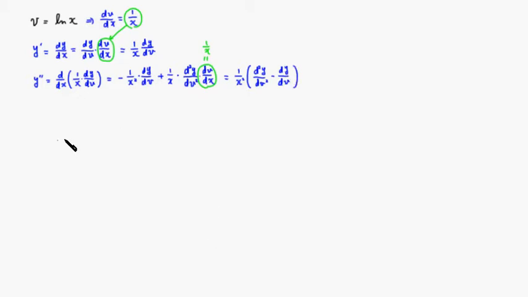All right, then we can find the third derivative. So y triple prime is going to be the derivative with respect to x of this guy: 1 over x squared times the second derivative of y with respect to v minus the derivative of y with respect to v. Let's take the derivative.